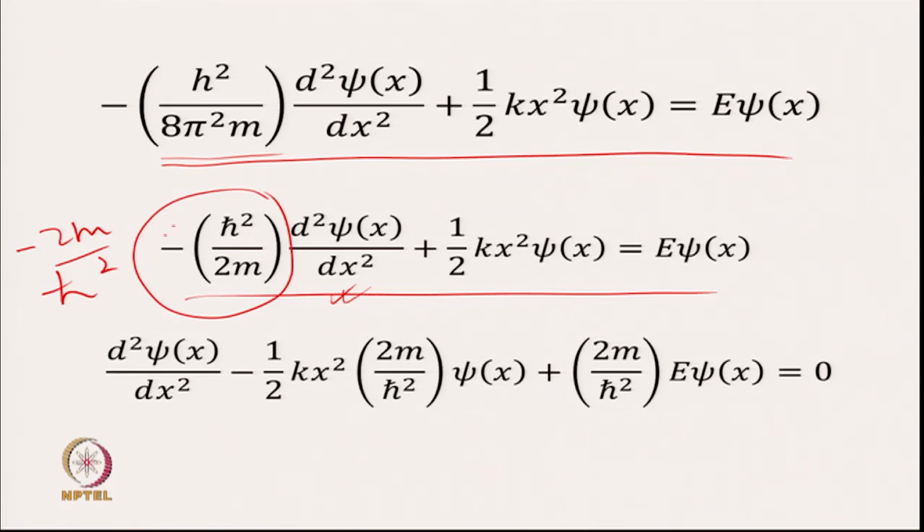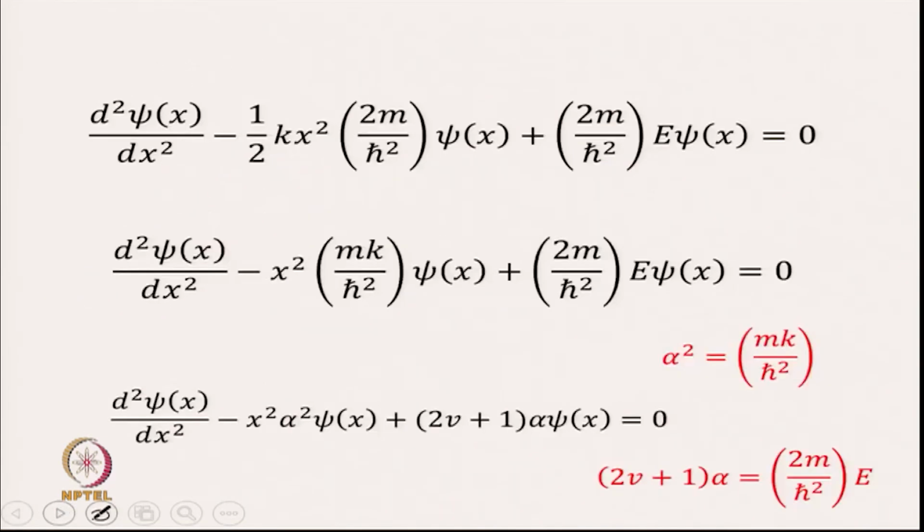And when you do that, this becomes 1, and here you are again multiplying by 2m by h bar square, and if you bring this to this side, there will again be 2m by h bar square. So now we have a somewhat simplified differential equation, and now we will look for its solution.